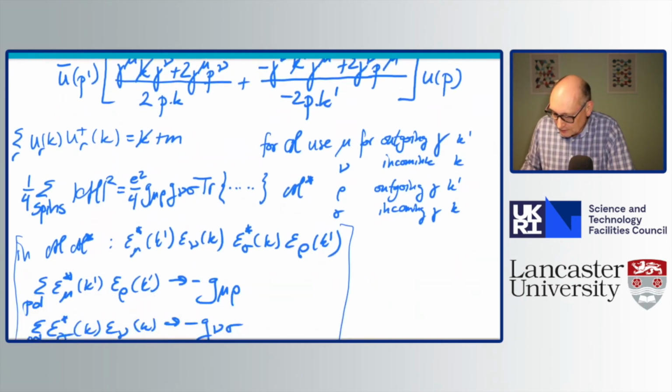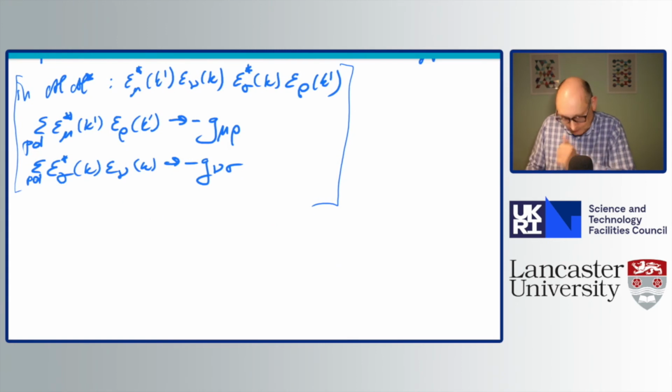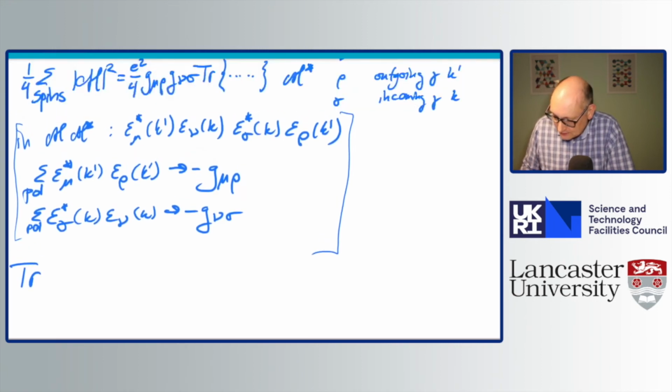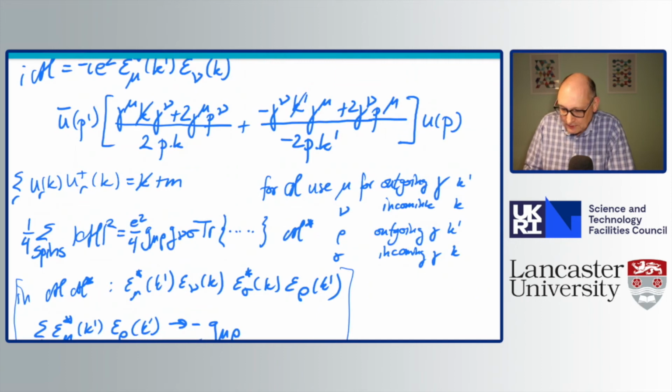Now let's down here write that complicated object. Right? So what do we have? We have a trace, and that trace is something that starts with a u bar p prime, then we have a lot of matrices, and then we have a u of p.